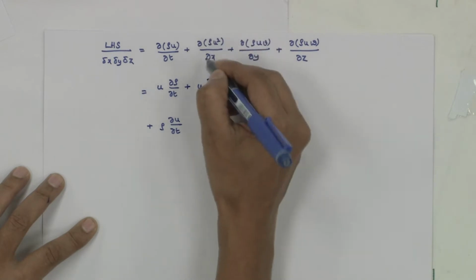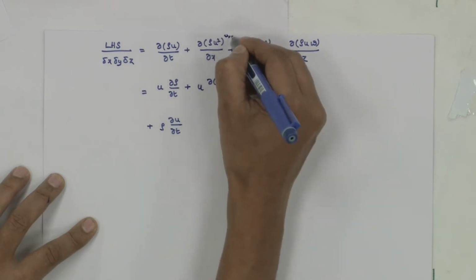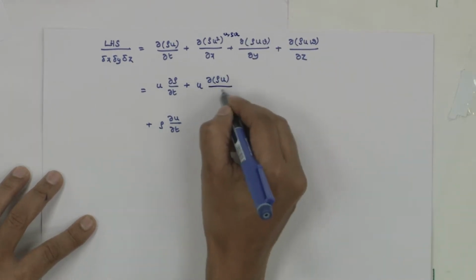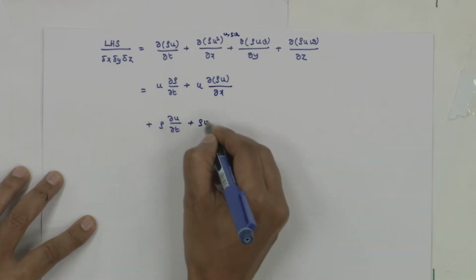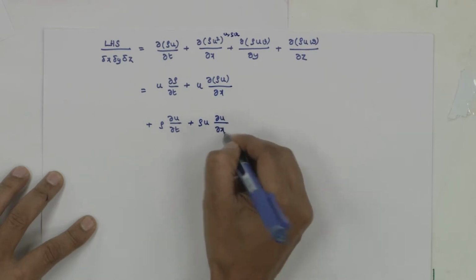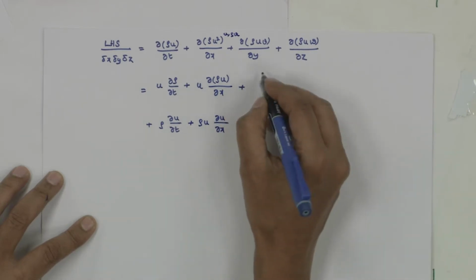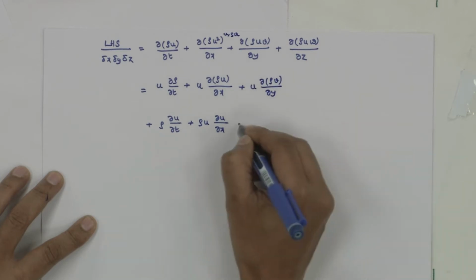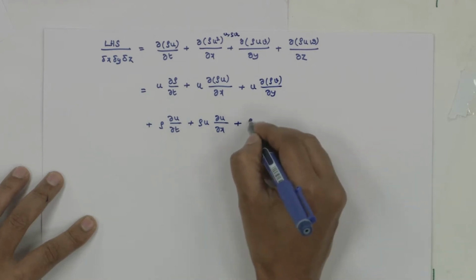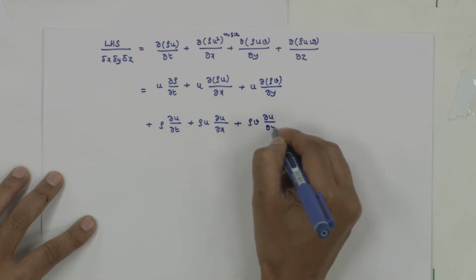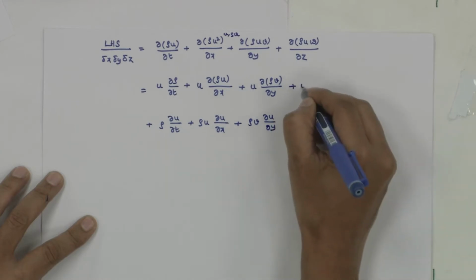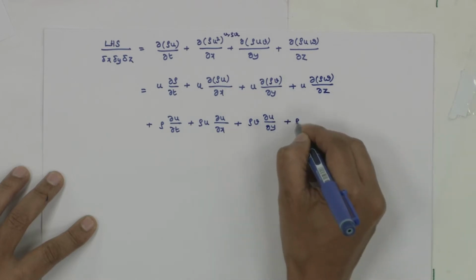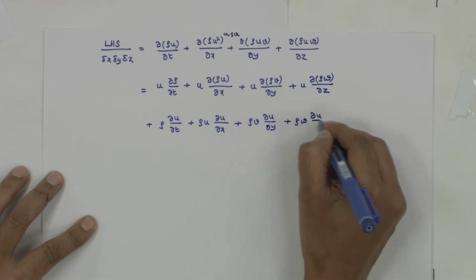So that is u del rho u by del x plus rho u del u by del x. Similarly, u del rho v by del y plus rho v del u by del y plus u del rho w by del z plus rho w del u by del z.